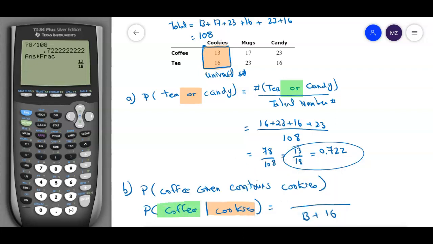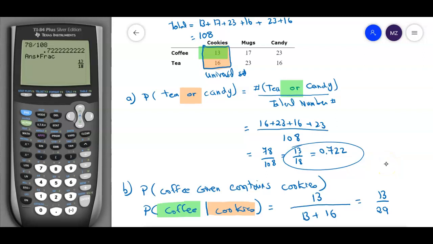The coffee is only 13, so it's going to be here. Therefore, it's going to be 13 divided by 13 plus 16, and this is going to be 13 divided by 29. And I think we cannot reduce this, so it's already reduced. So this is your conditional probability for B, 13 over 29.